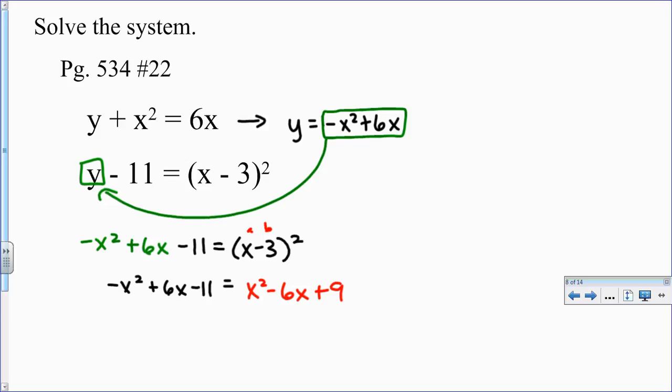All right, I'm going to move all the terms from the left to the right because I want a positive a value. I want a positive x squared. So I'm going to do this one step at a time just so we don't get mixed up. So let's see. I'm going to add x squared.